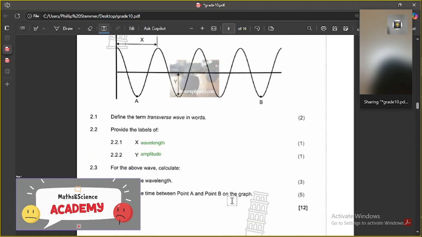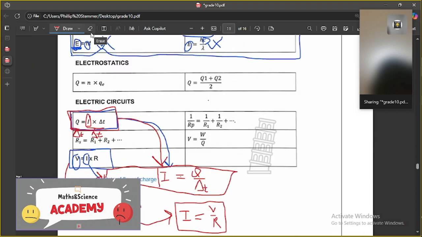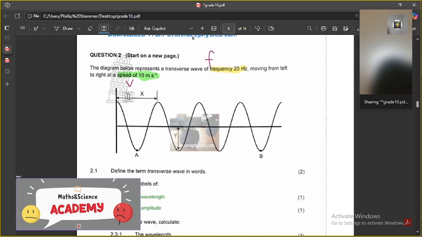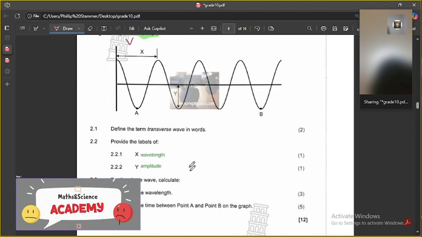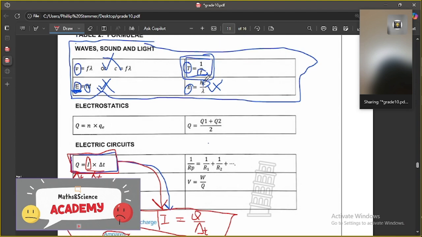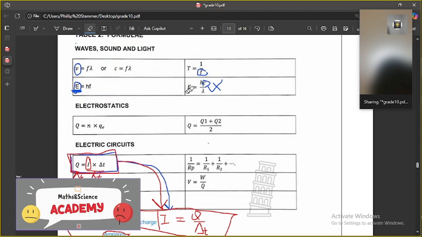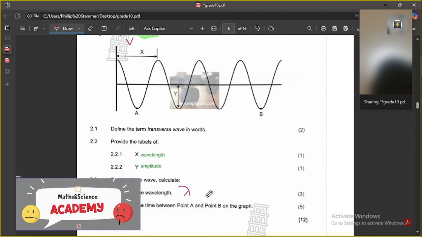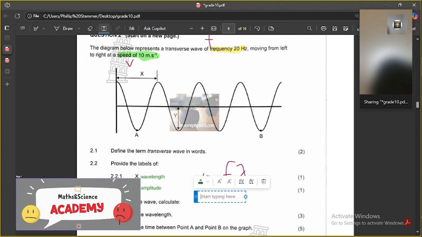Now the main question: given the frequency and the velocity, you're supposed to find lambda, the wavelength. So we're going to use the first equation, which says that v equals frequency times lambda. Then we substitute: 10 equals 20 times lambda.